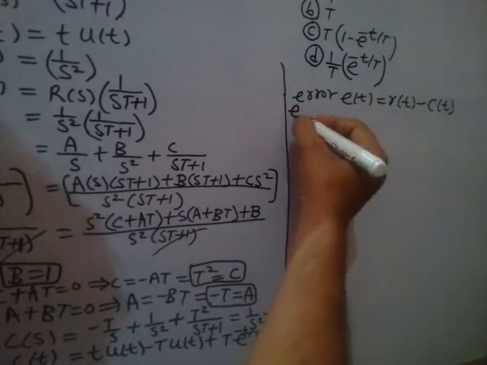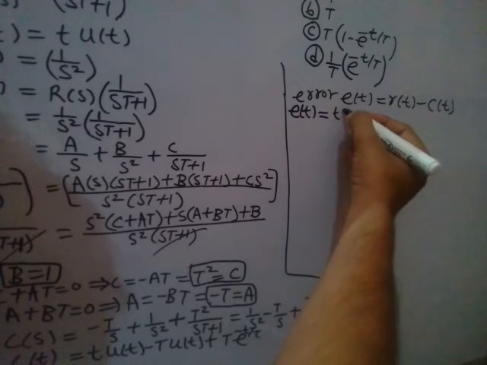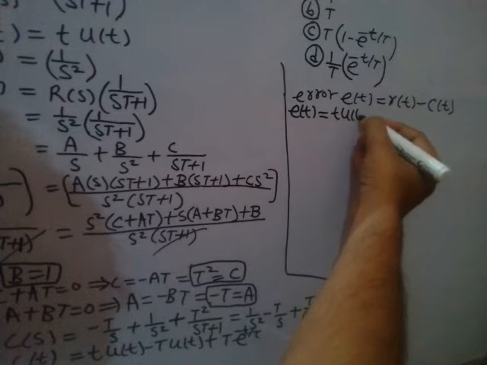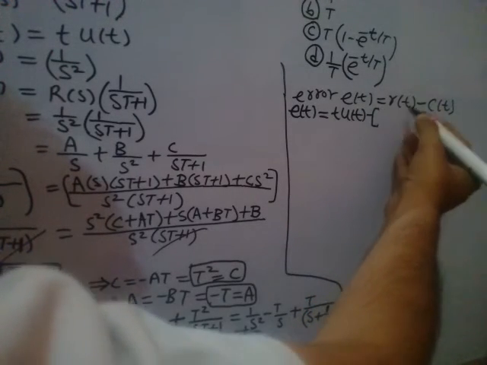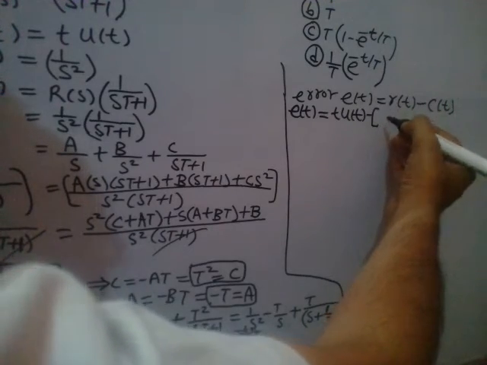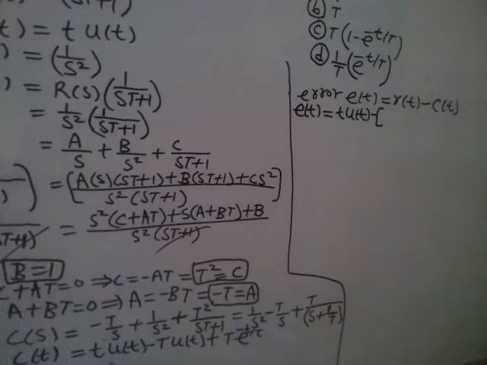So e(t) will become r(t) minus c(t). r(t) is t into u(t) minus c(t), control output c(t) is this one, t u(t) minus capital T u(t) plus T e to the power minus t by tau.